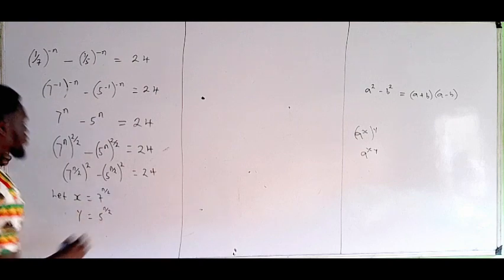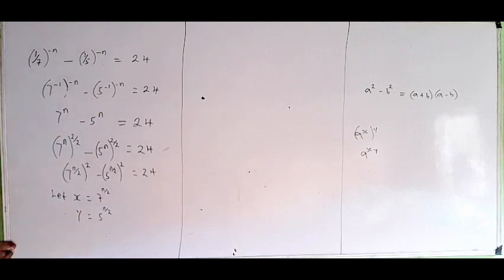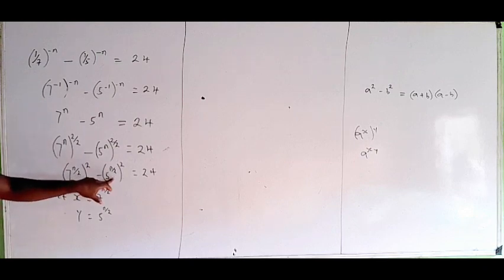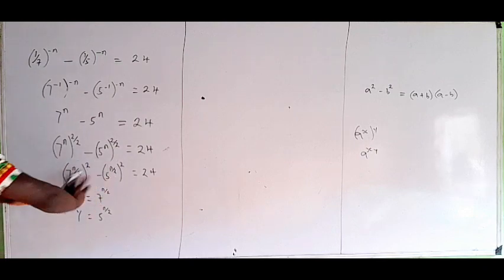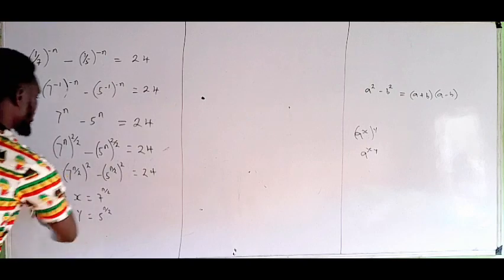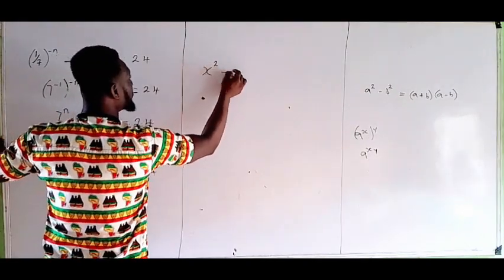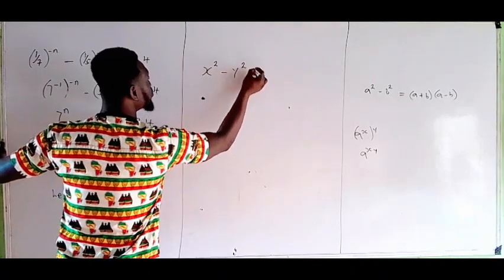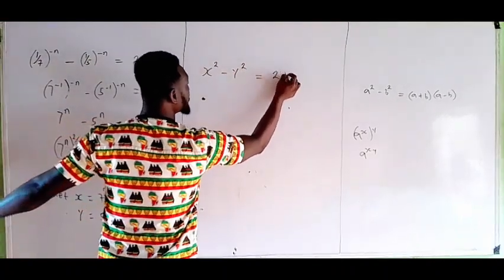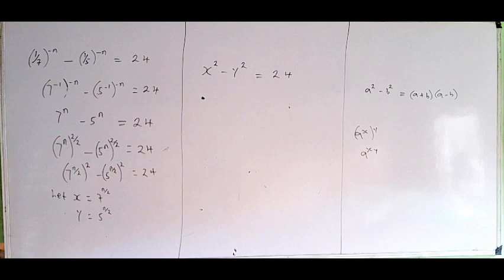If we do this, you can substitute this value with x and this value with y. So the equation properly becomes x raised to power 2 minus y raised to power 2 equals 24.